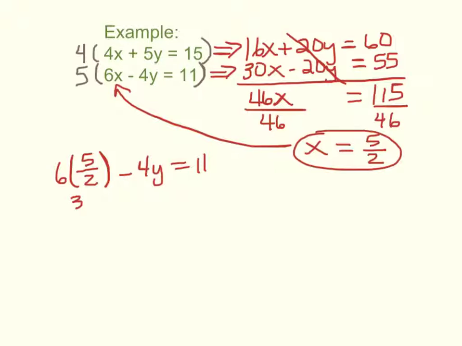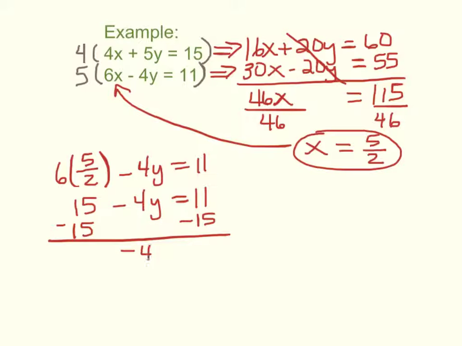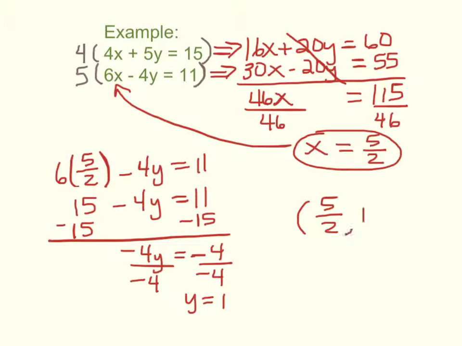So this is 15 minus 4y equals 11. Subtract 15. I get negative 4y equals negative 4. And divide by negative 4. So y is 1. And then write my answer as an ordered pair, 5 halves, 1.